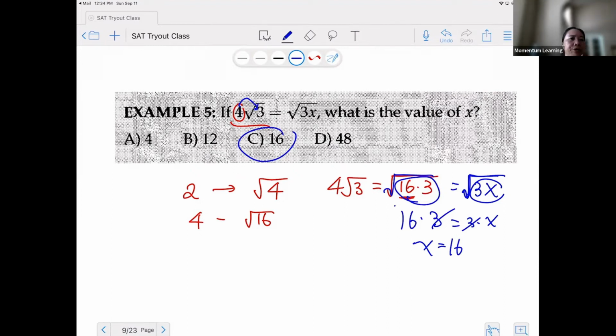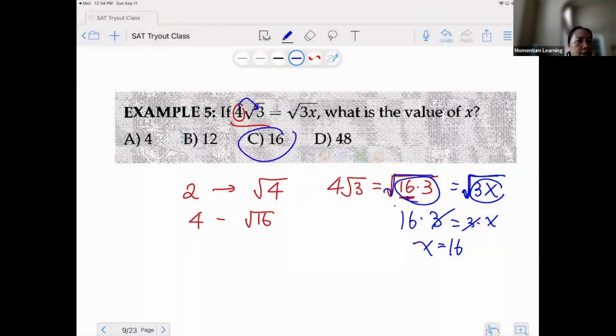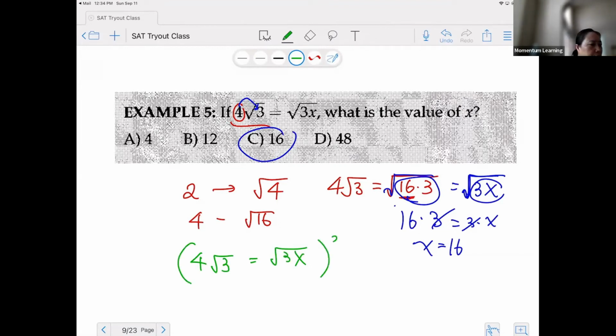Now Andrew typed his method in the chat window. So here is his method. He said, let's square both sides. 4√3 equals the square root of 3x. Let me square the whole equation.